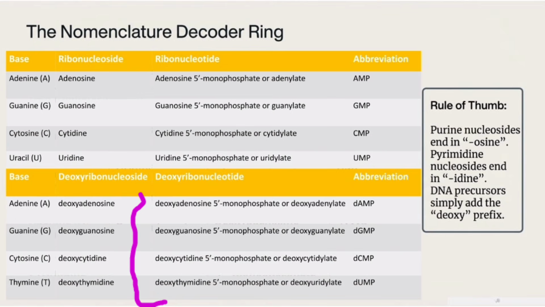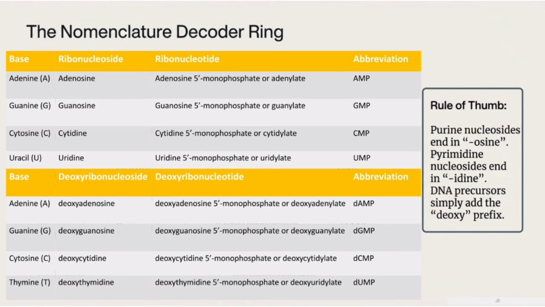So purine nucleosides end in osine, while pyrimidine nucleosides end in idine. So that's a way that one can easily differentiate them, while the DNA precursors just add the deoxy prefix at the beginning.